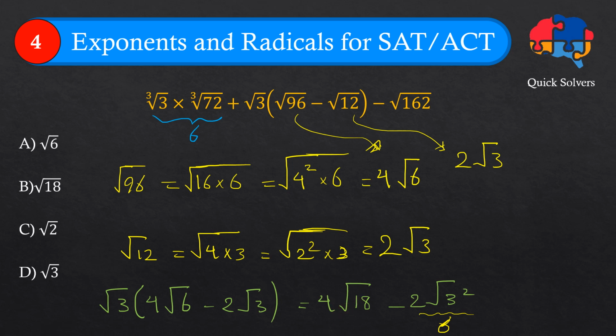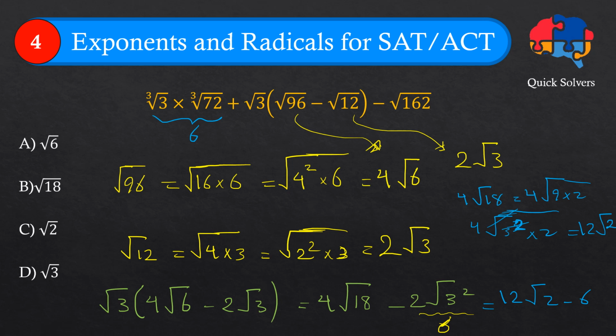So here, maybe in a different color, I can write 4 times square root of 18 as 4 times square root of 9 times 2, and 9 is equal to 3 to the power of 2 times 2, and this 2 and the square root cancel out each other, and what is left is 12 times the square root of 2. So this then equals 12 times the square root of 2 minus 6.